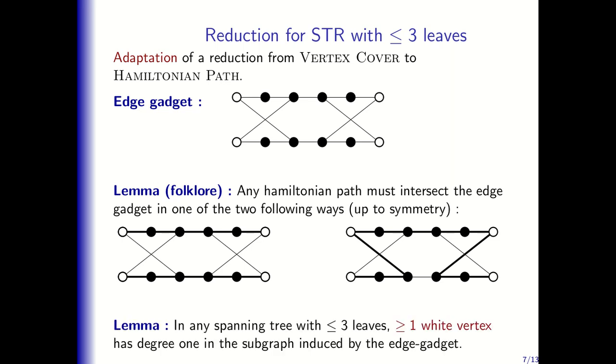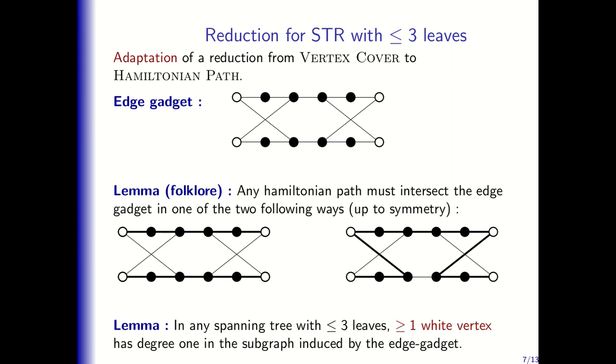And what will be interesting for us in this reduction is that you can show that for any spanning tree with at most 3 leaves, so the picture is a bit more complicated, at least one of the white vertices has degree 1 in the subgraph induced by the edge gadget.